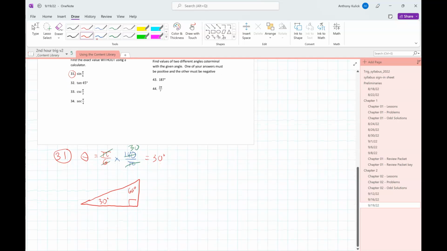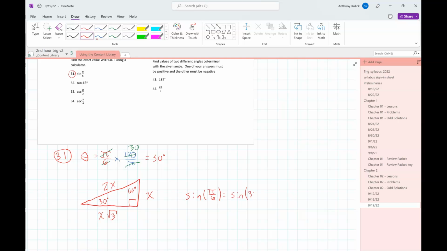I remember that the ratio of side lengths, the short side is x, the medium side is x root 3, and the long side is 2x. So sine of pi over 6 is going to be the same thing as sine 30, which is opposite over hypotenuse. So I have x over 2x, which all reduces down to just 1 over 2.